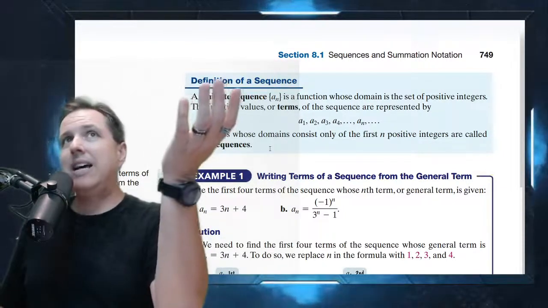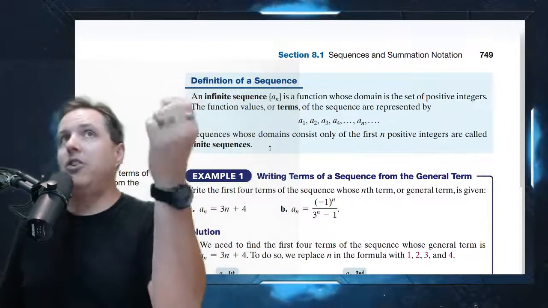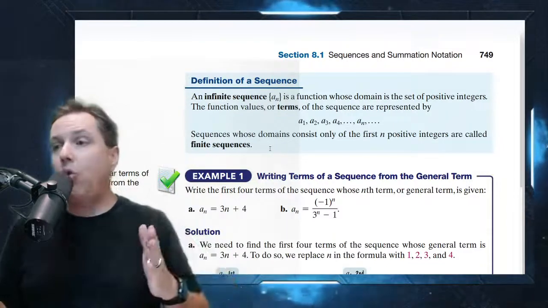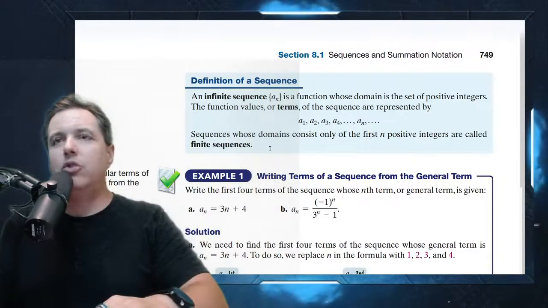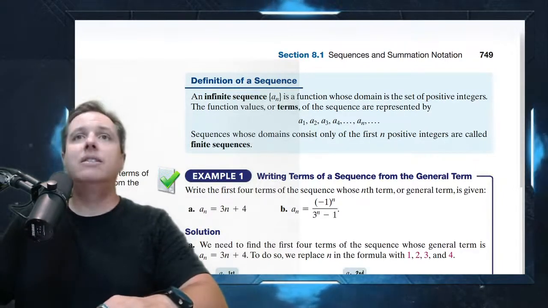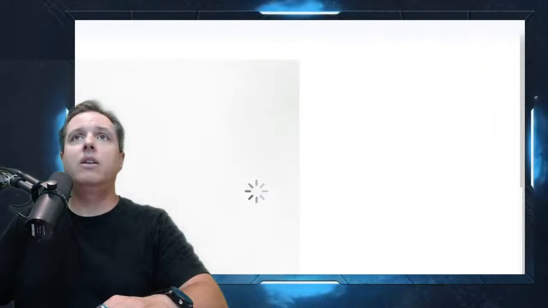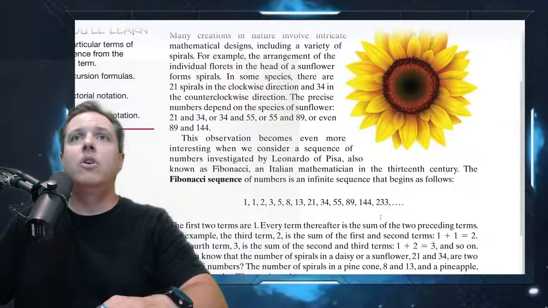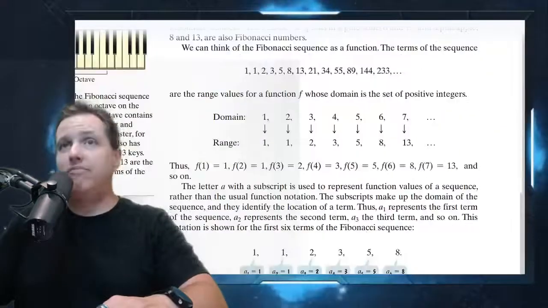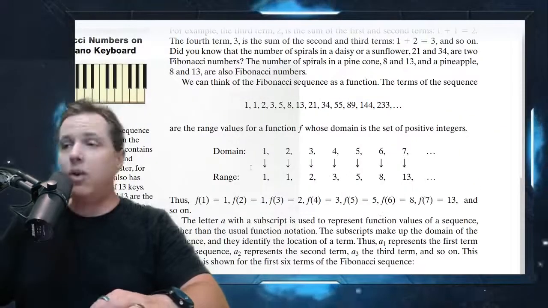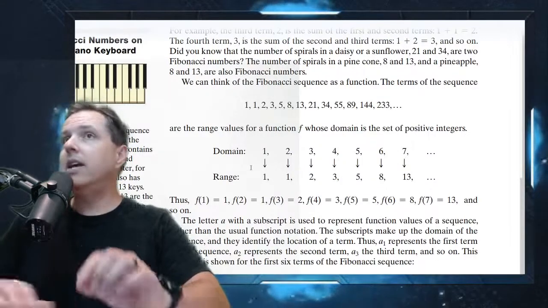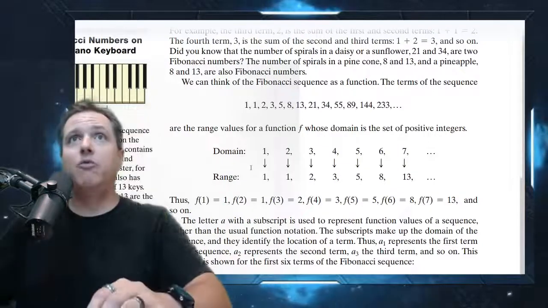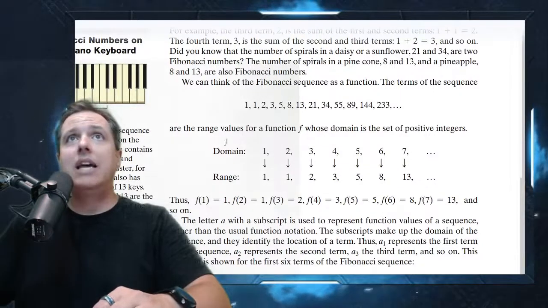But that's not the only way to think about a sequence, as an ordered infinite list, right? We have some other ways that can be very useful to think about sequences. And one is, like we were just talking about functions, one way to think about a sequence is as a function, because it actually is a function itself, where your domain is the natural numbers.